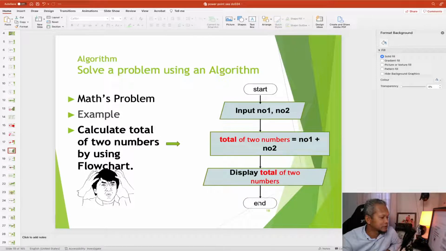Draw. So where is your variable? Here. This is your variable. Number 1, number 2, total. So you have 3 variables here.